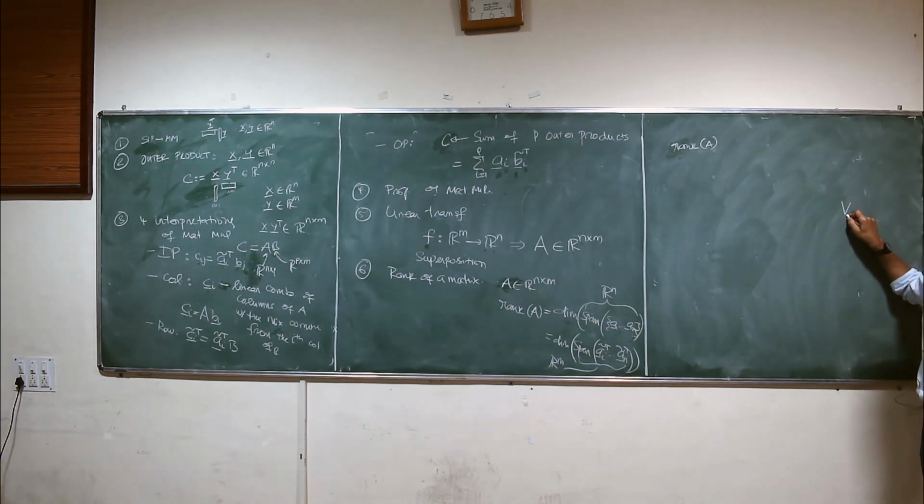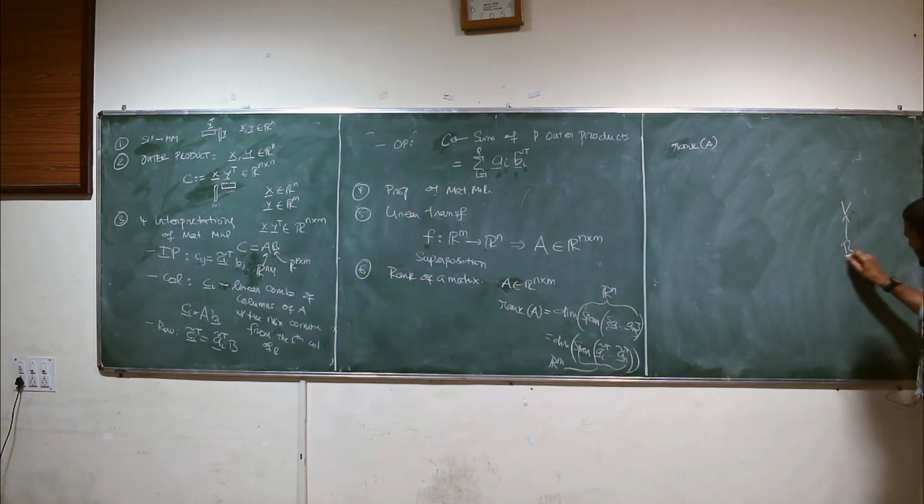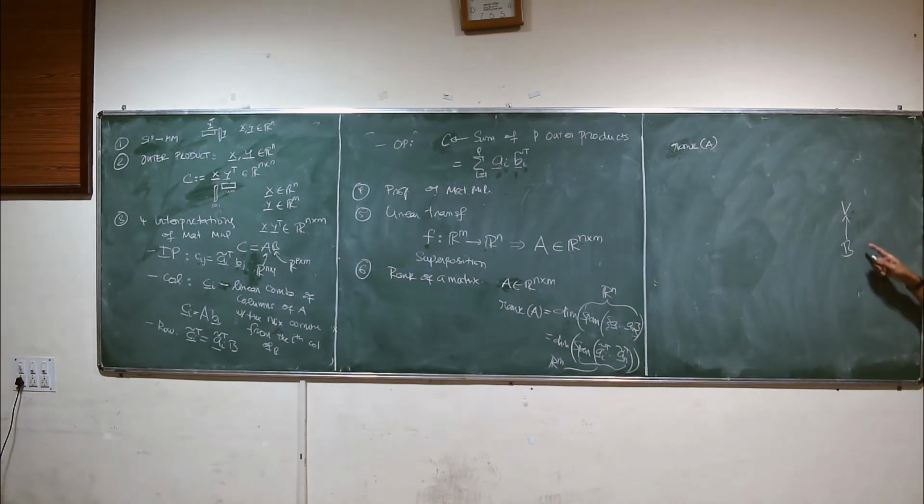So this is a vector space. That means there is a basis V for this vector space. What do I mean by a basis for the vector space? Exactly. So basis is simply a set of vectors.